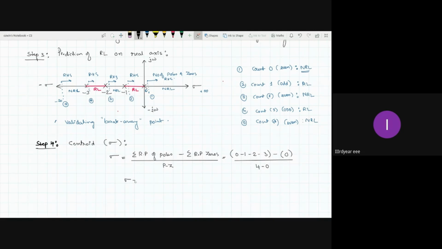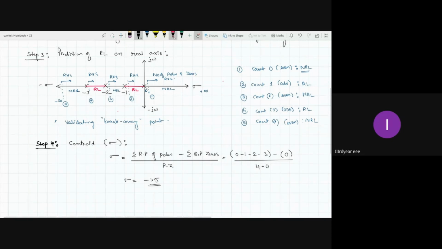So you will get sigma as 6 by 4, which is 1.5, so the centroid is located at -1.5.